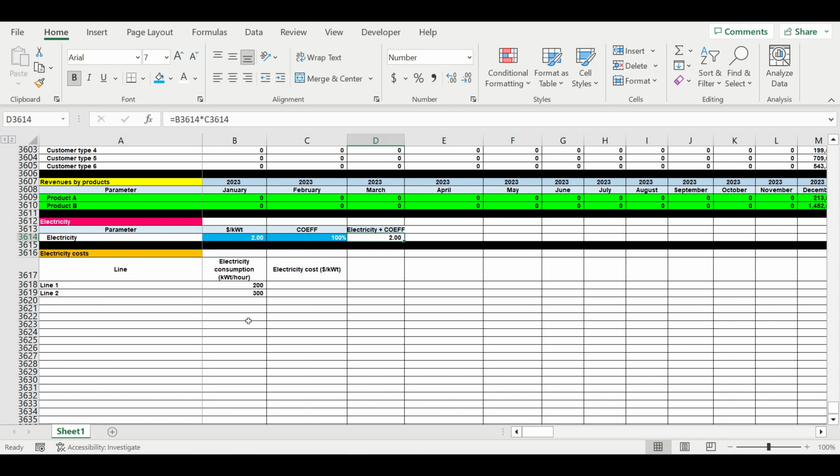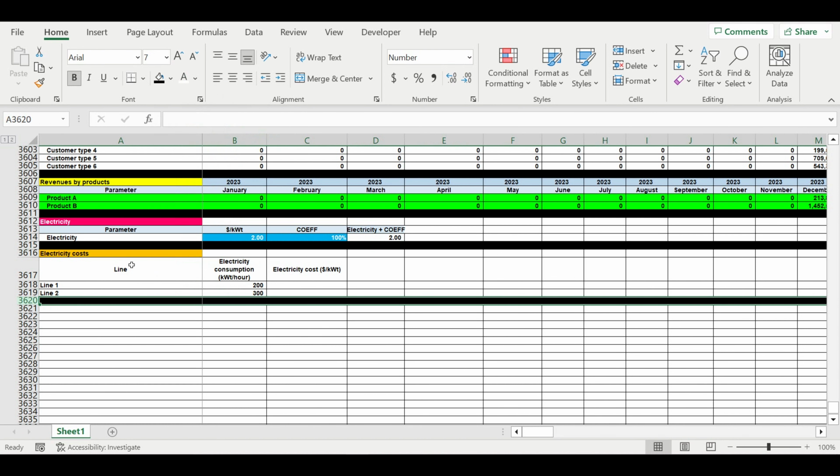So now in this table of inputs, we have the column called electricity consumption. So these are the inputs, so we're coloring them with blue. Then electricity cost dollar per kilowatt we are putting from here.